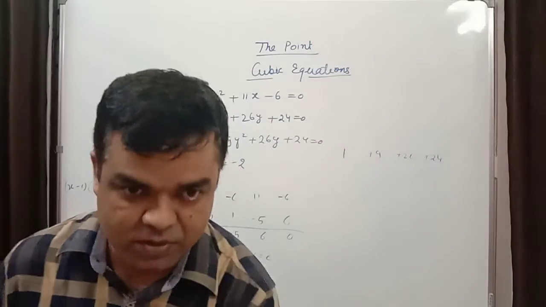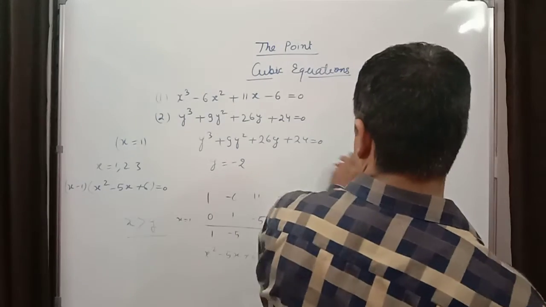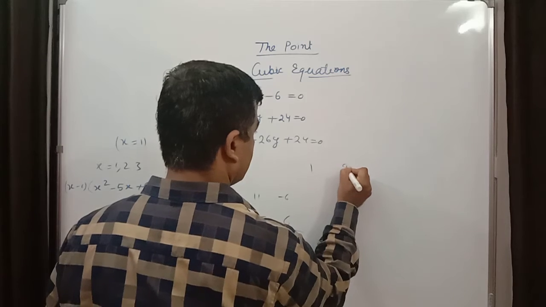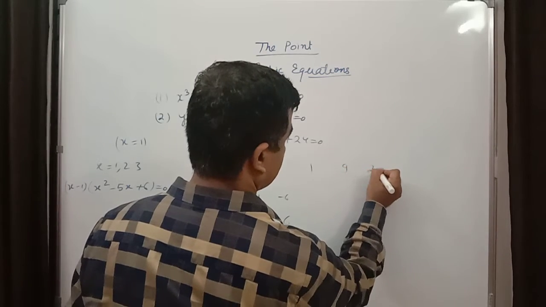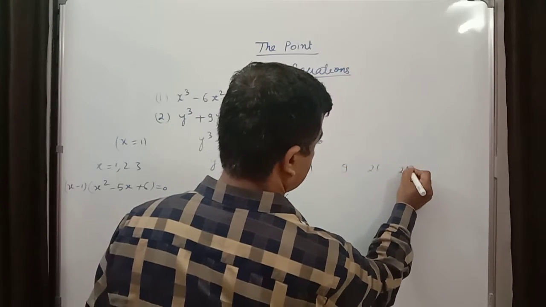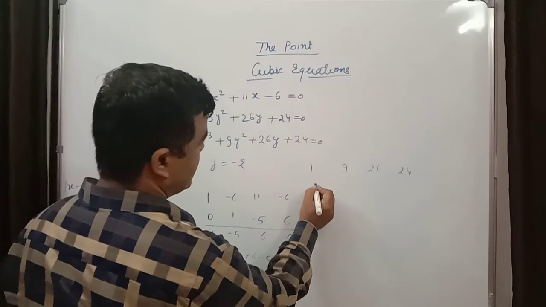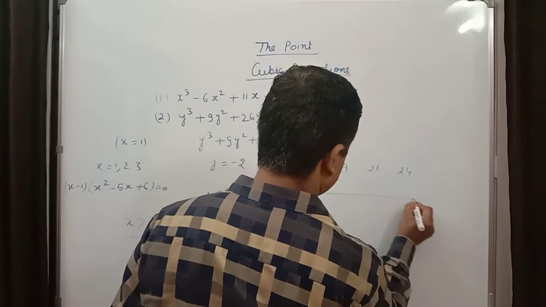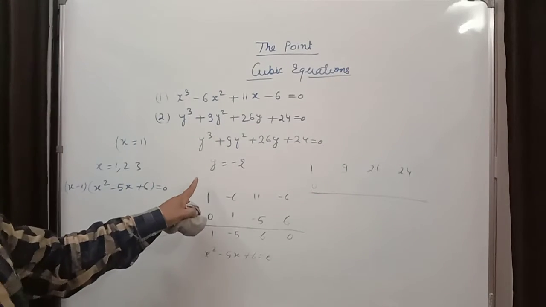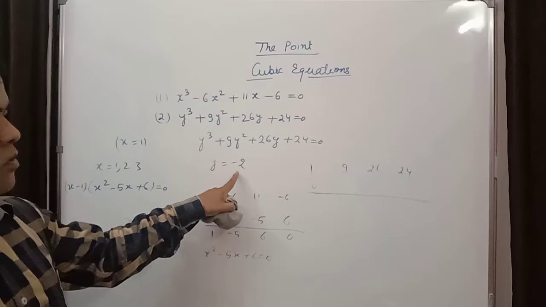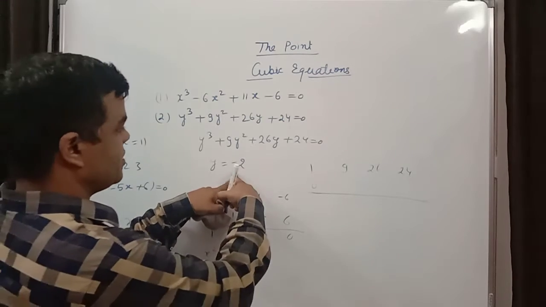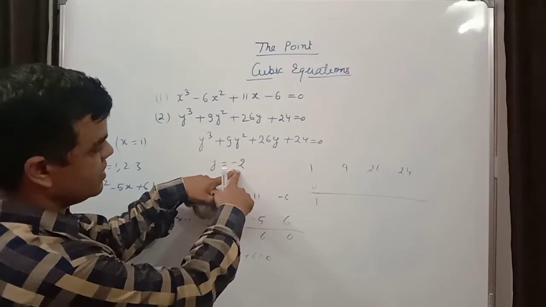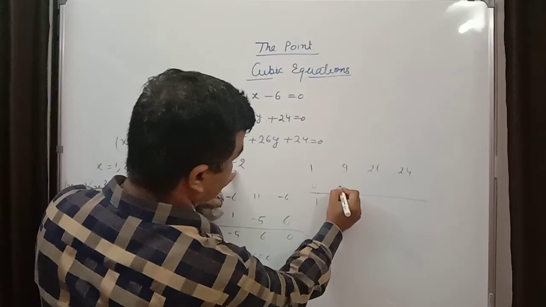I think it is not visible to you, so I will write it here: 1, 9, 26, 24. Write here 0. Now the equation was satisfied by y is equal to minus 2. Then you multiply with minus 2 and add this 1. Pay attention here: minus 2 times 1 is minus 2.